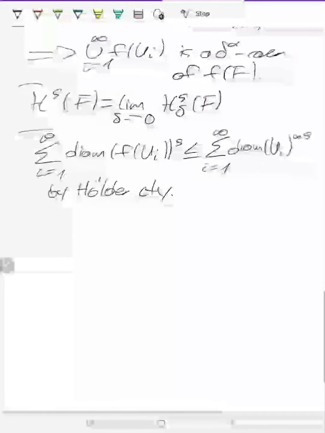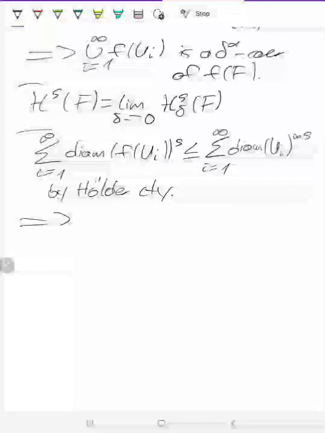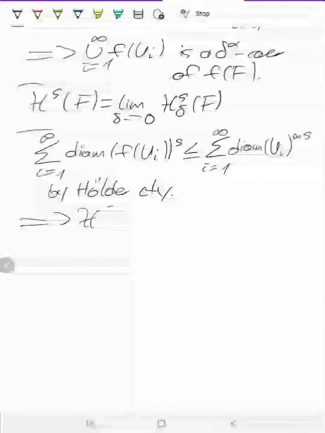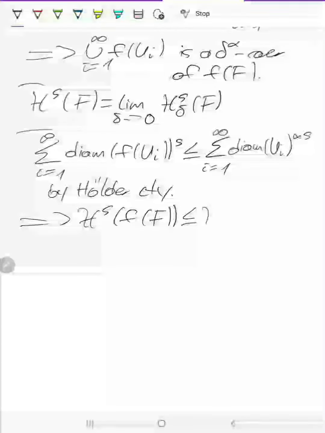And so from there we get that the Hausdorff measure of the image is at most the Hausdorff measure, and now we have a different parameter. So here we have s, here we have alpha s of f. So let's see, how do we see this?